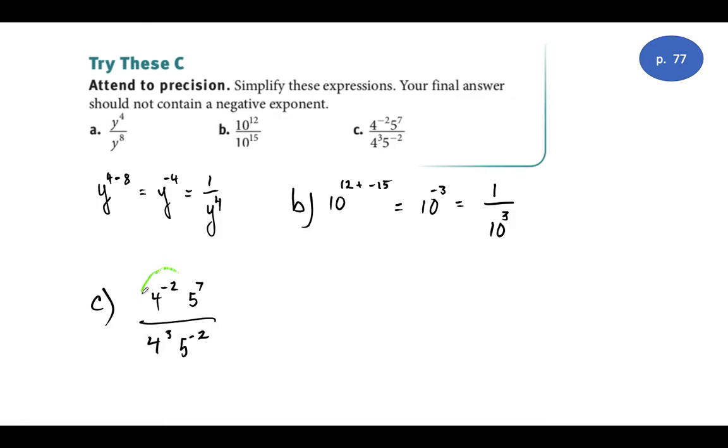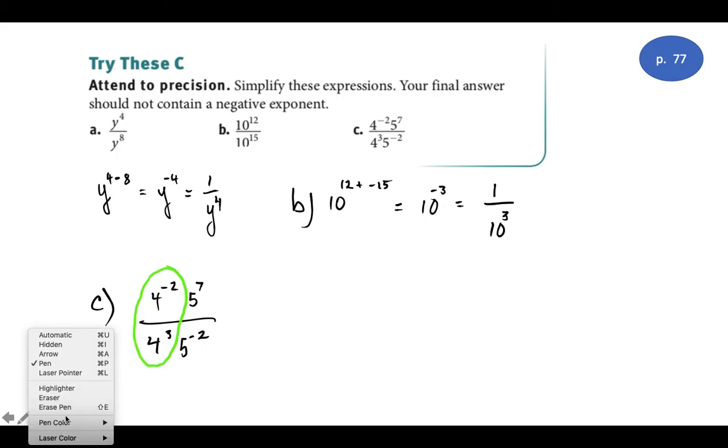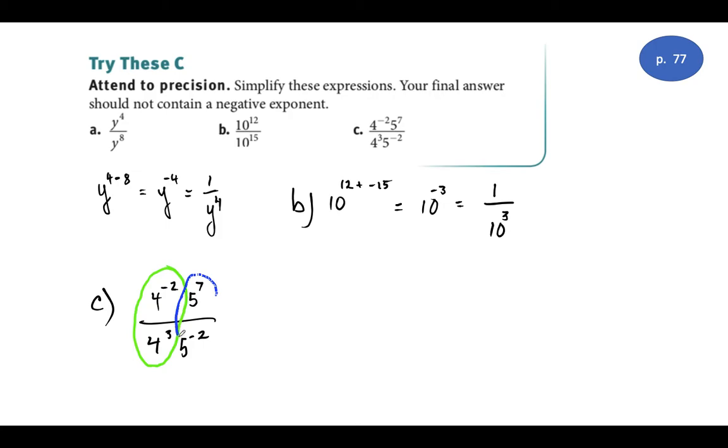I have the 4s. Those are powers with the same base. And I have the 5s. Powers with the same base. I can divide these because they have the same base. I can't divide these. They don't really have anything to do with each other while we are simplifying.